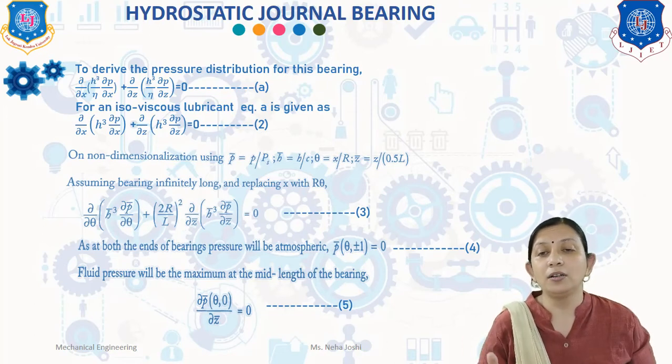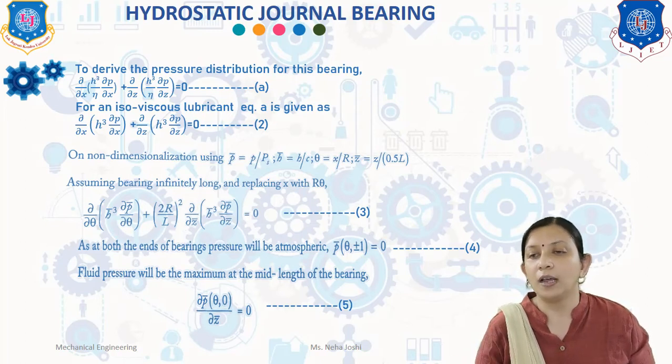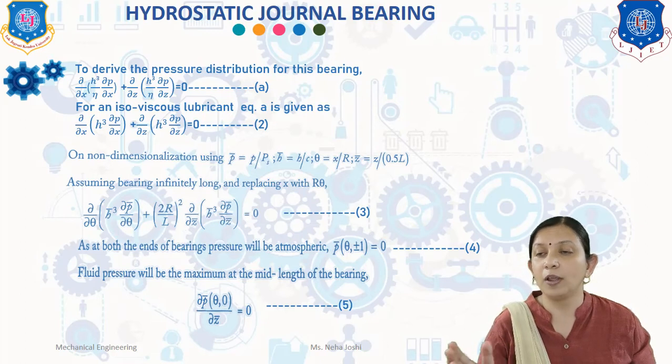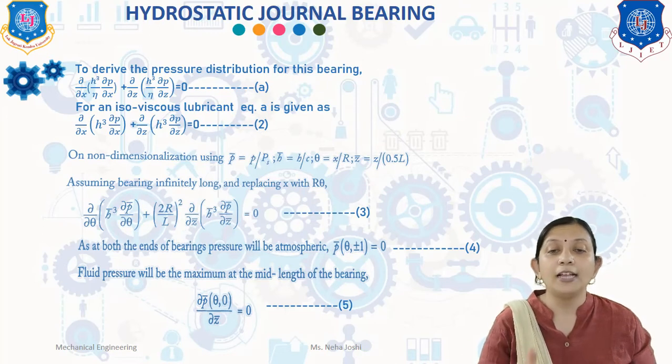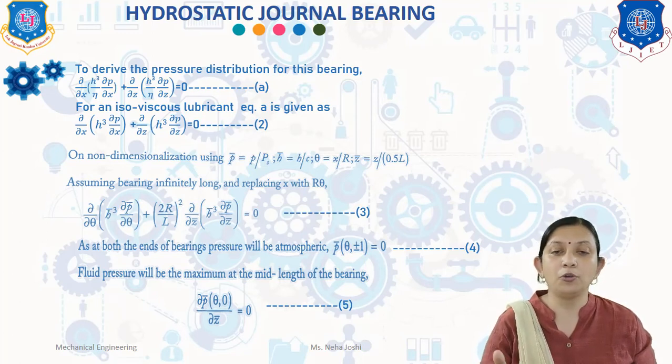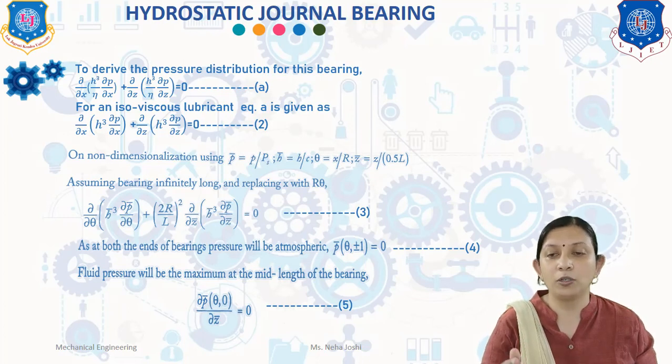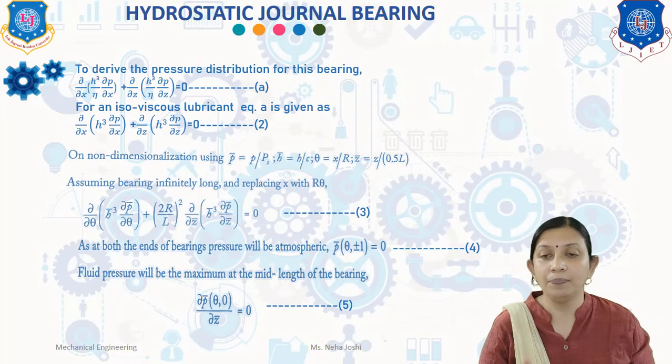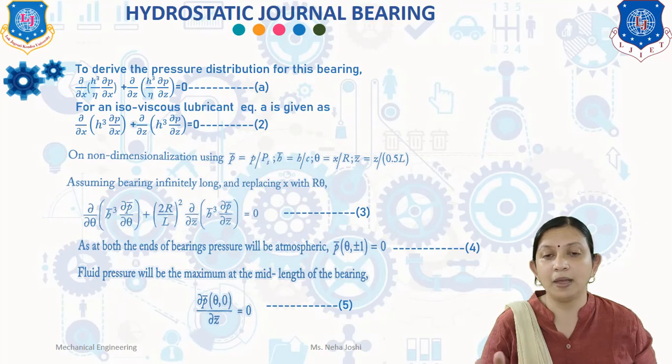On non-dimensional lines, using p̄ = p/ps, h̄ = h/c, x̄ = x/R, z̄ = z/(0.5L). Assuming the bearing infinitely long and replacing x with Rθ, we get ∂/∂θ (h̄³ ∂p̄/∂θ) + (2R/L)² ∂/∂z̄ (h̄³ ∂p̄/∂z̄) = 0.